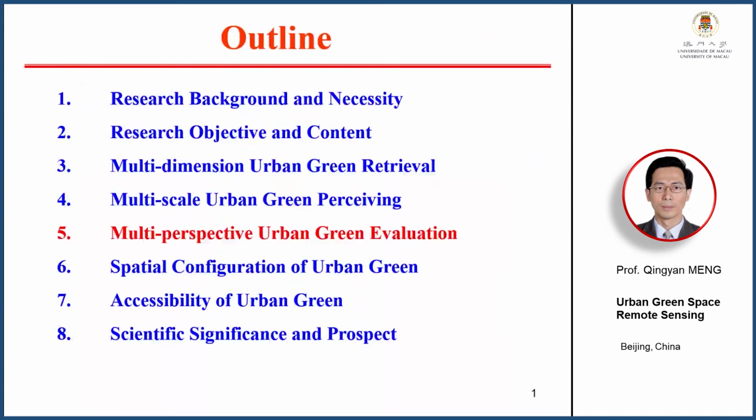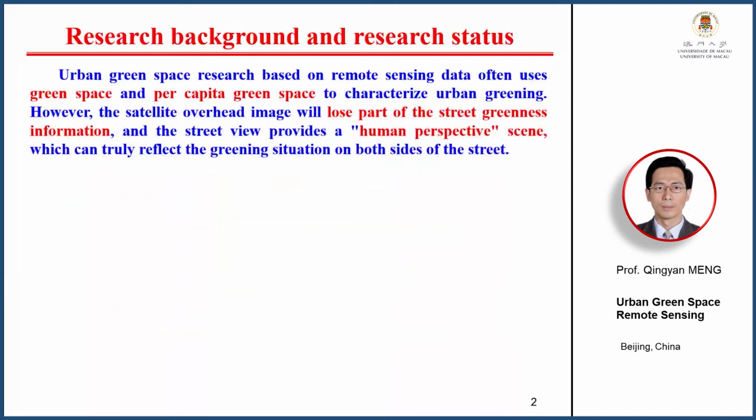Okay. Then the urban green space research based on the remote sensing data often uses the green space and the per capita green space to characterize the urban greening. However, the satellite or high-resolution image can lose part of the street greenness information.